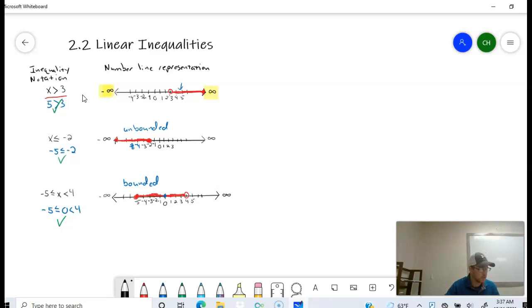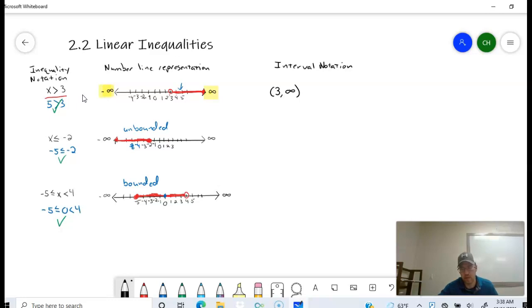Alright, the last one we're going to talk about is interval notation. On interval notation, x is greater than 3 means that I would start at the 3 and it would go all the way to infinity.